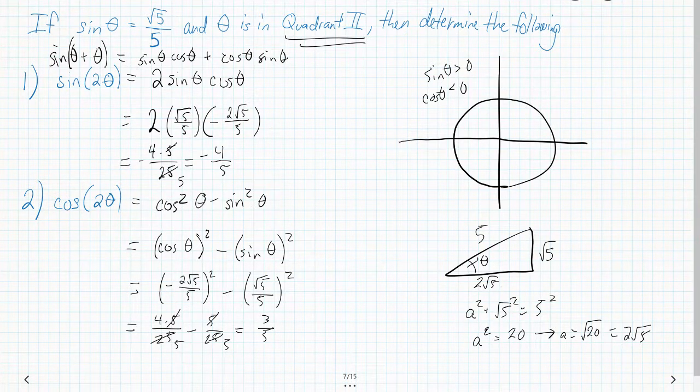In fact, we're going to talk about this a little later. This is how we go about proving sine of 2 theta equals 2 sine theta cosine theta. So yeah, in terms of which one, I'm just picking one.